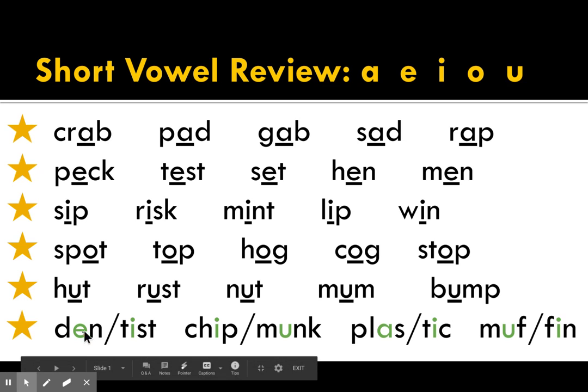Now, here we have a short vowel and a short vowel, and remember that every syllable has to have a vowel in it. You break it usually between the two consonants, and every syllable has to have a vowel in it. There's a vowel, two syllables. Here's a vowel, there's a vowel, two syllables.